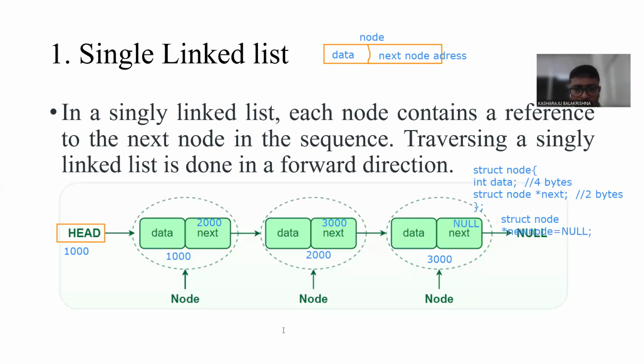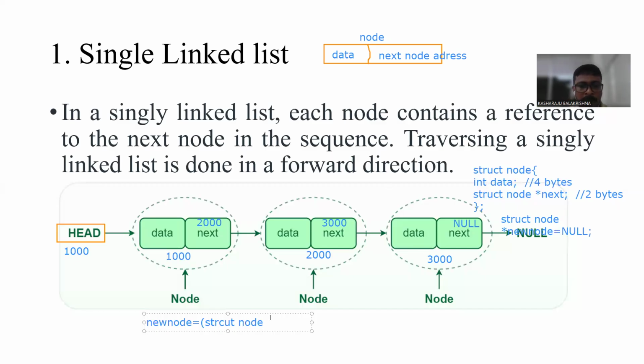How to allocate memory for this? For that, we have one statement. For this new node, we need to allocate memory. For that, we have the malloc method, the memory allocation method. We need to allocate memory for the node structure here.